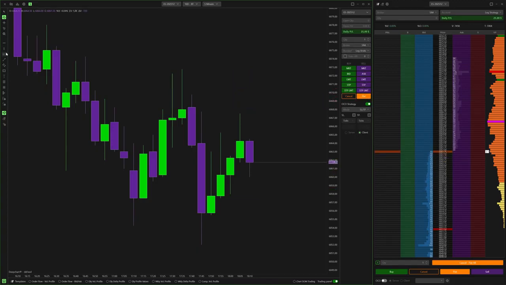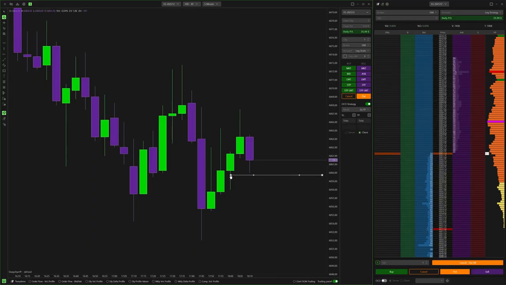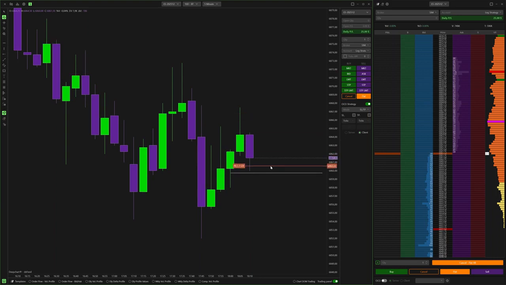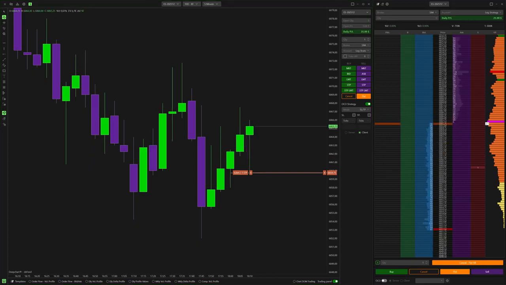But let's say, for example, I want to trade only when this wick was broken. What I can do is place a sell stop slightly below that, and this sell will be activated if and only if price reaches below that. And it doesn't, so awesome.